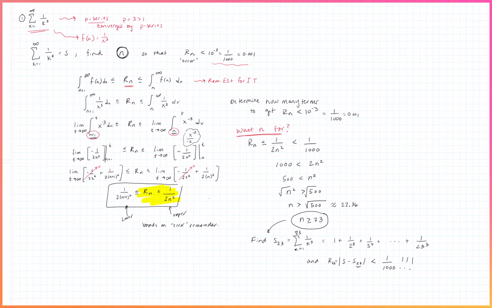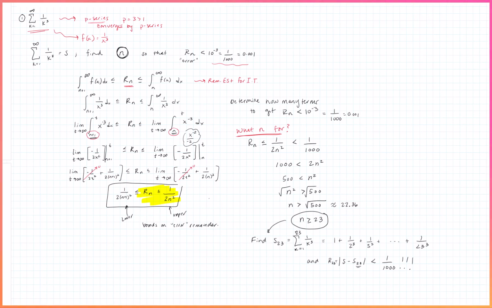If we wanted to know what the sum was within some degree of error, then we could do that using this theorem. We could figure out the remainder estimate, like we did in the first step, and then actually calculate it to some degree of accuracy. Say we wanted it within 3 decimal places, that would be 1 over 1,000.